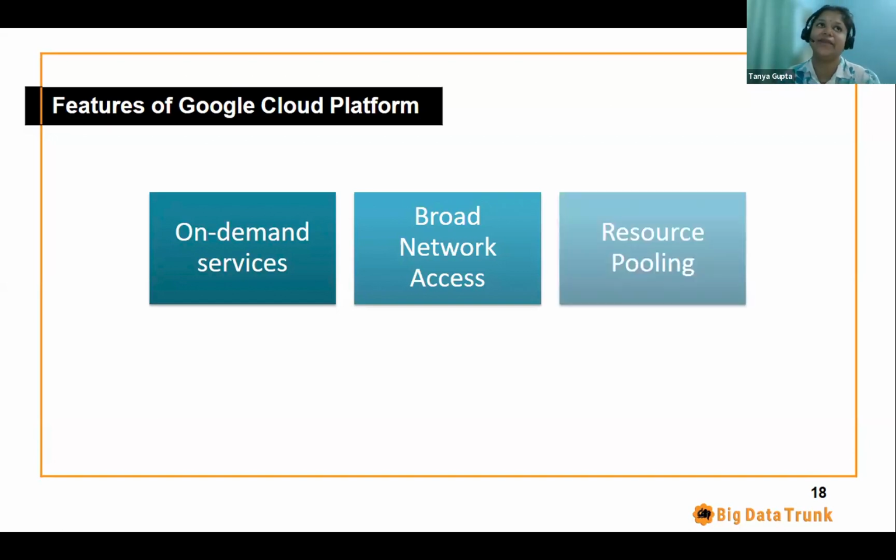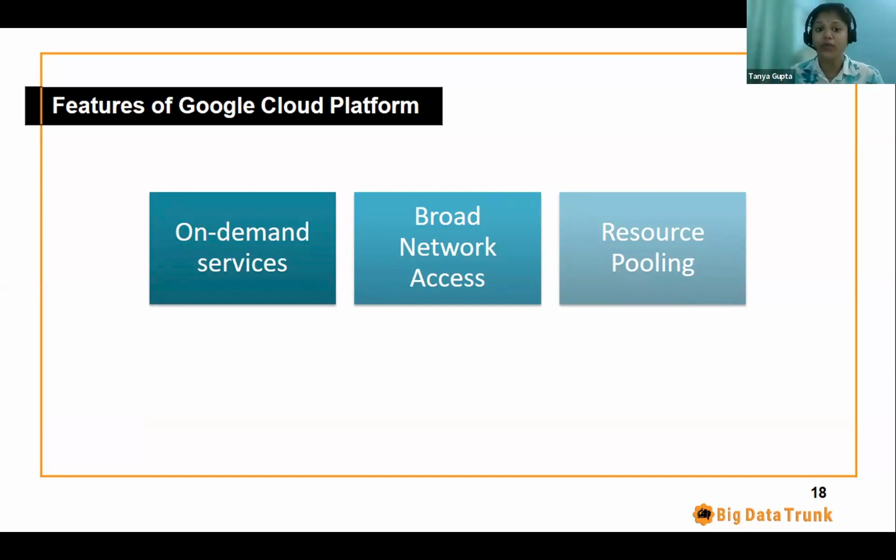Resource pooling, yes. What does resource pooling mean? See, in different regions, there are different servers, right? All these servers are connected. Let's say there is a region, and in that region there are 3 zones, and all these 3 zones are connected. So if one zone is not working, let's say you ask a service provider for your services, but your zone is not working, it will jump to another zone.